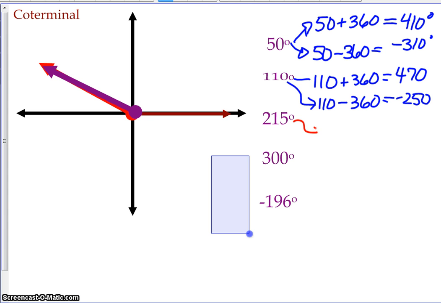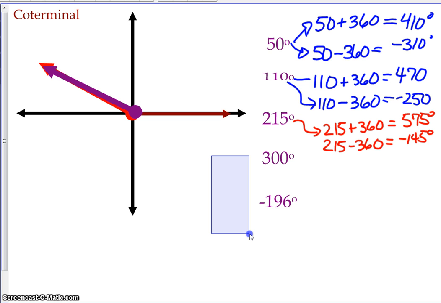So like for the 215, I could go 215 plus 360, and I get 575. I could go 215 minus 360, and I can get negative 145. So there's a lot of different ways I can get these angles, okay?